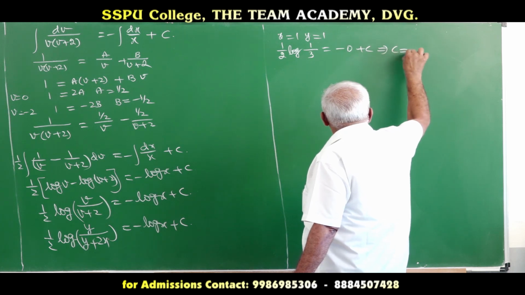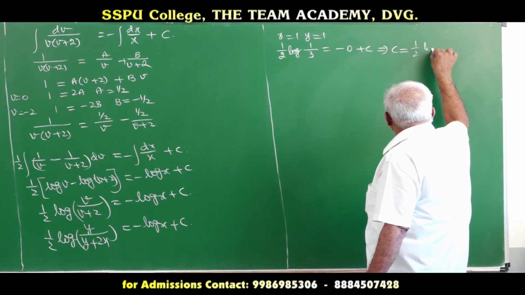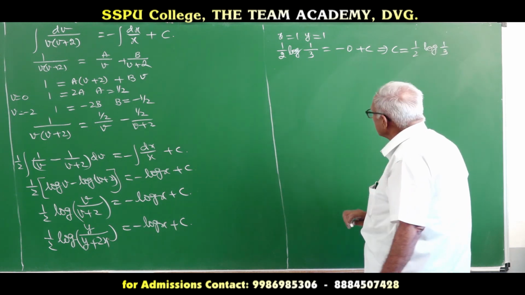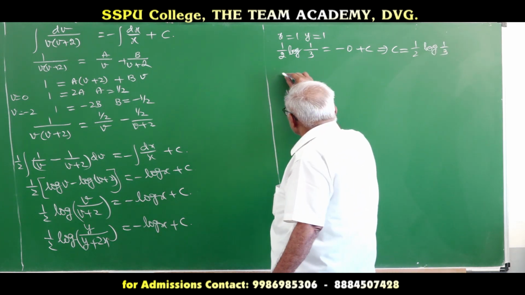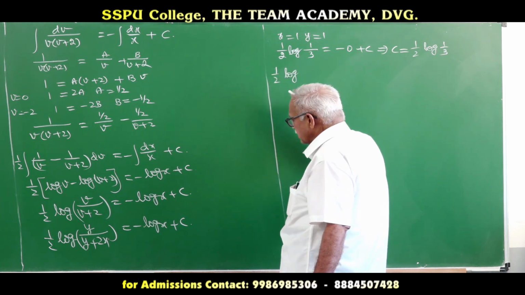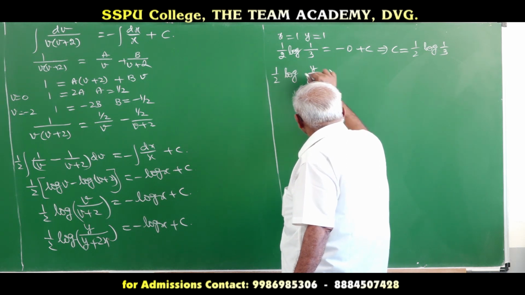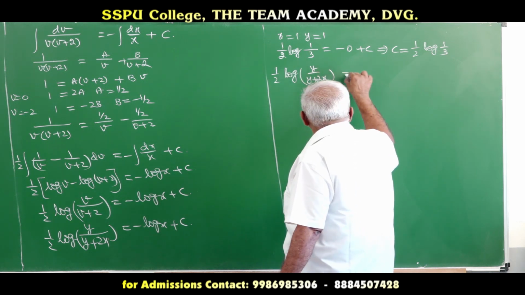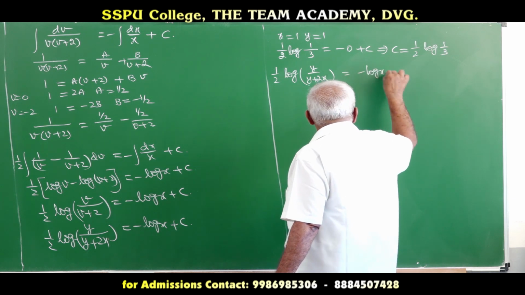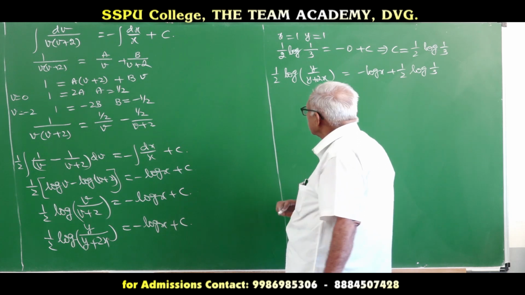So, this implies c is equal to 1 by 2 log 1 by 3. Now, let us put it in the equation, 1 by 2 log y by y plus 2x is equal to minus log x plus 1 by 2 log 1 by 3.